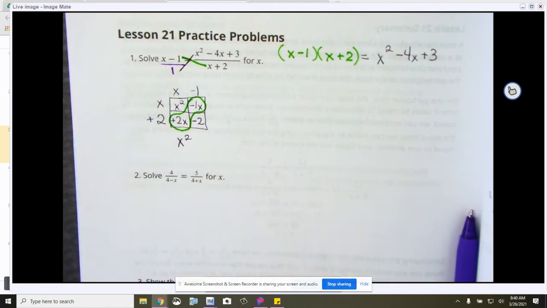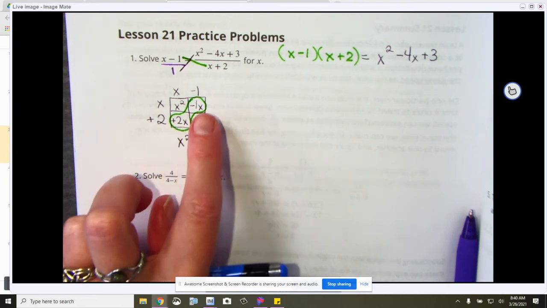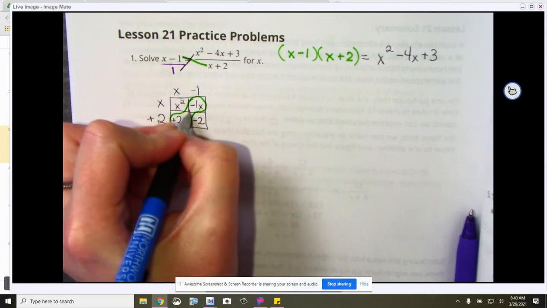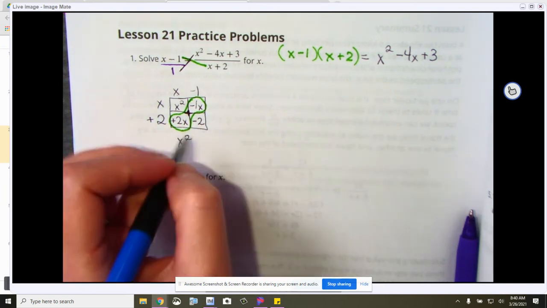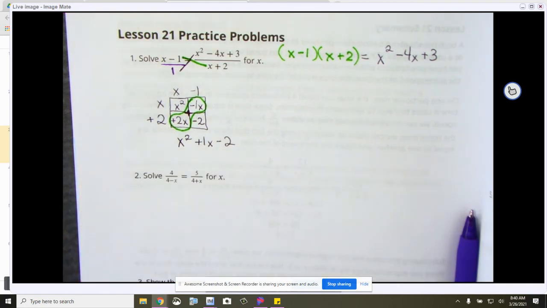So I have an x squared, 2 positive x's, 1 negative x, combining and adding those together. Please remember at this point you're adding. There's a plus sign right there in the grid that helps us remember that. 2x plus negative 1x is a positive 1x, and then a minus 2.